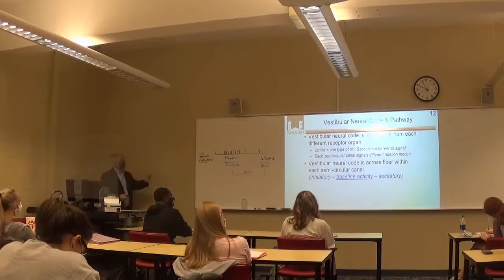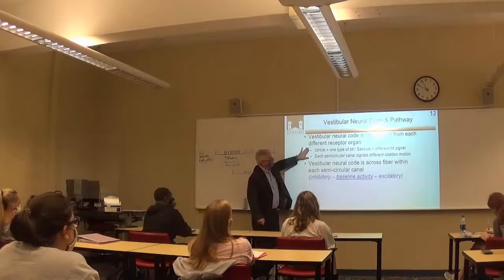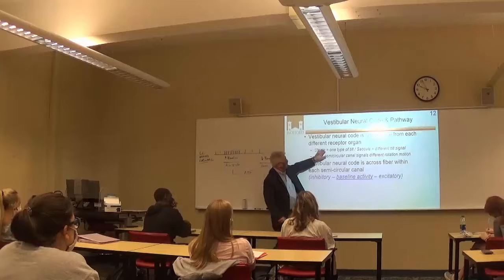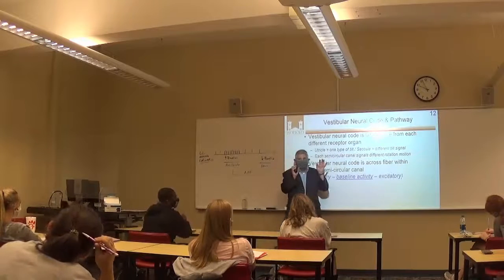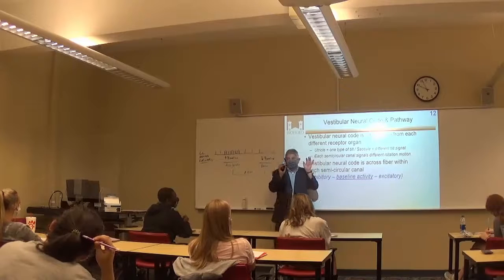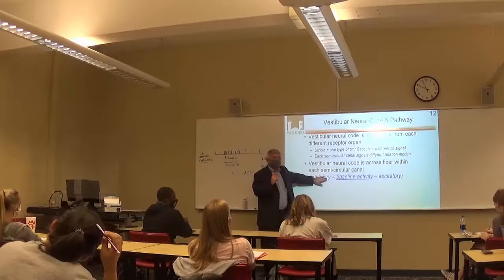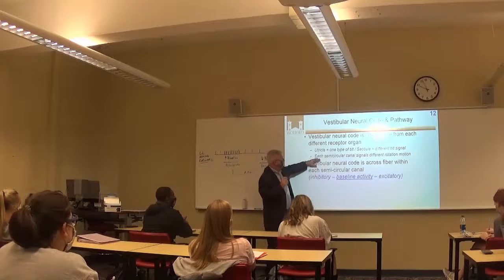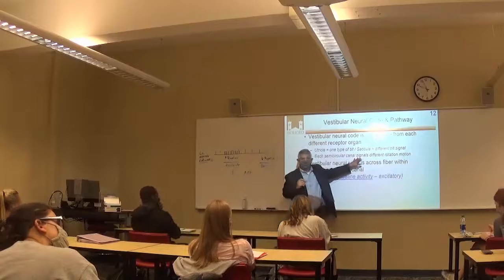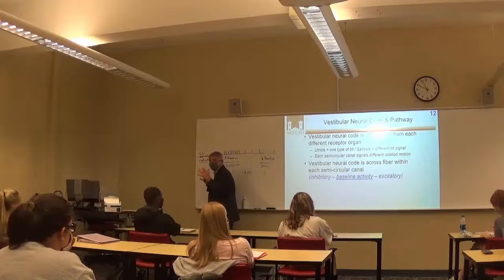So, this is what I just covered. Each otolith, the utricle and saccule, are orientated in a different way to detect different types of head tilt, right? But because they have baseline activity, it can send two signals. The same thing for semicircular canals, they send information about acceleration, deceleration in different directions.